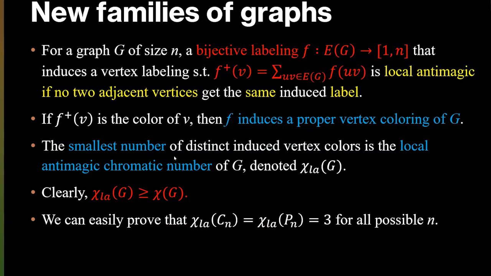And the smallest number of distinct induced vertex colors is called the local antimagic chromatic number of G, denoted chi_LA(G). And of course, it's easy to see that chi_LA(G) is at least chi(G). And although a cycle may be bipartite, and every path is bipartite, yet actually they have chi_LA equal to 3.